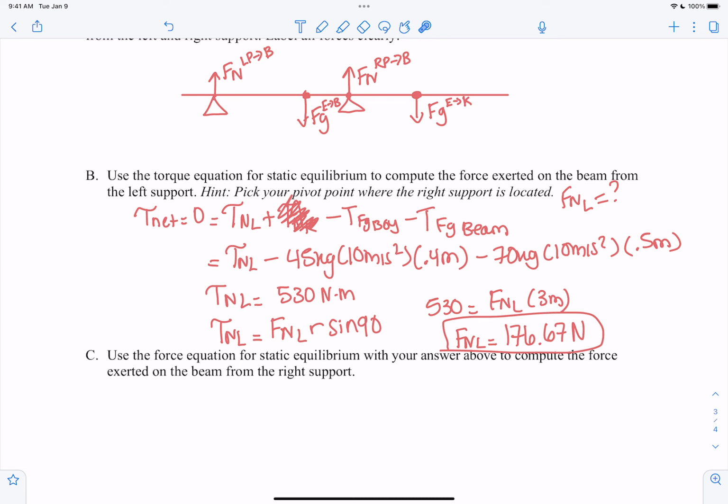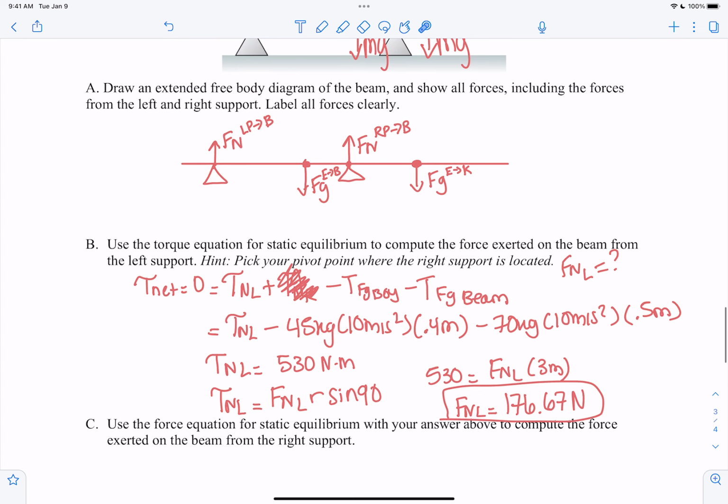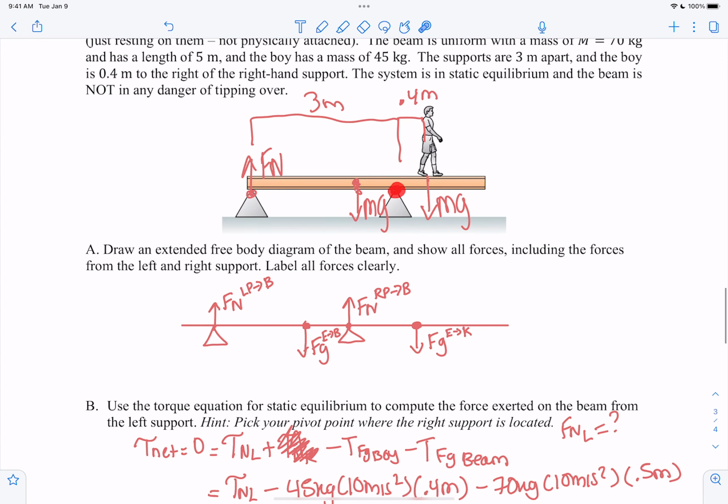All right, sound good for part B? Left support. So based on the pivot here, this left support here. So imagine pushing up. So this was your pivot. These are like your hour hands or minute hands on a clock, right?